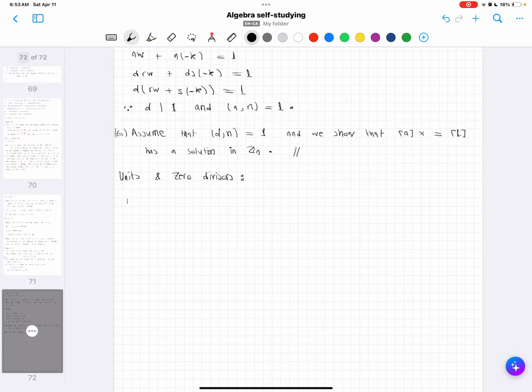So an element in Zn is called a unit if the equation ax is equal to 1 has a solution.